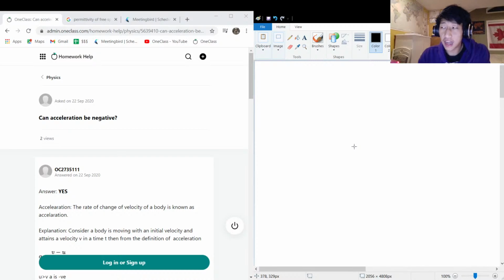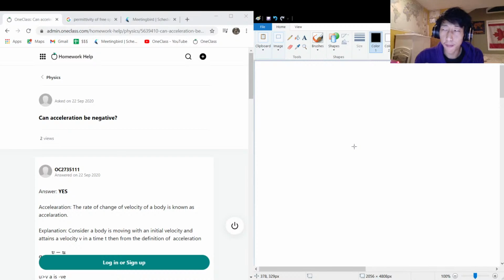So in regular casual English, acceleration is typically associated with increasing your speed. There are many factors in our world that create that association of acceleration always being increasing.